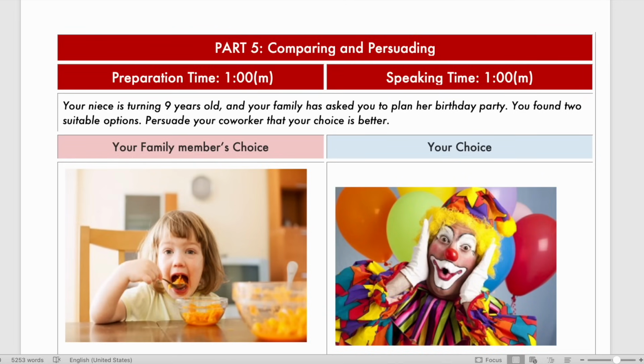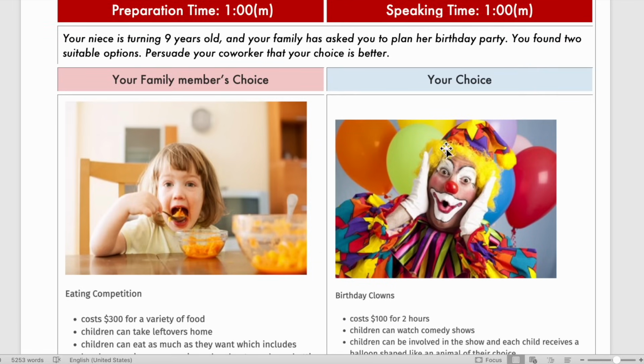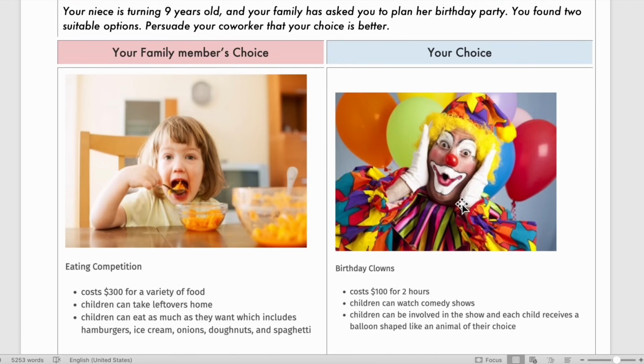Okay, everyone, let's look at today's question for Part 5, Comparing and Persuading. Okay, and the preparation time, as you can see, will be 1 minute for each part. Speaking time, 1 minute. Before we get started with this question analysis, I just want to remind you that over here I already have my choice, and I have your family member's choice.